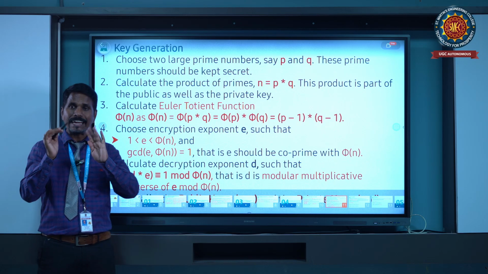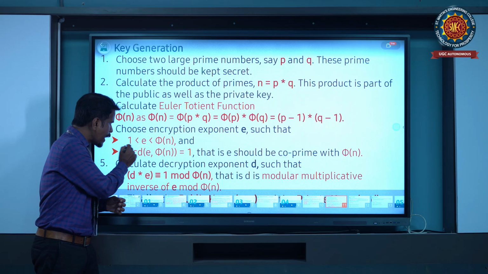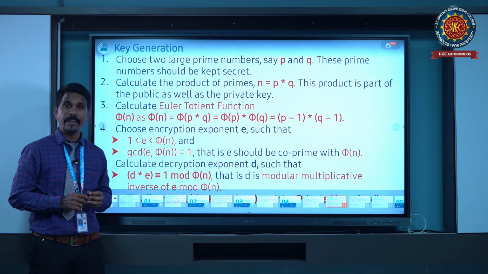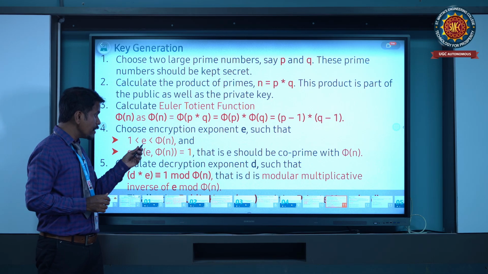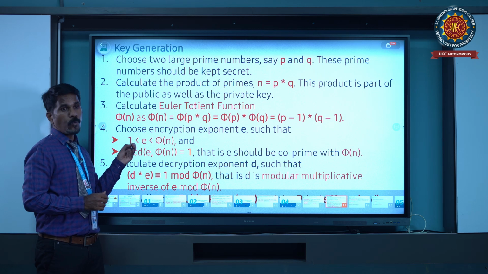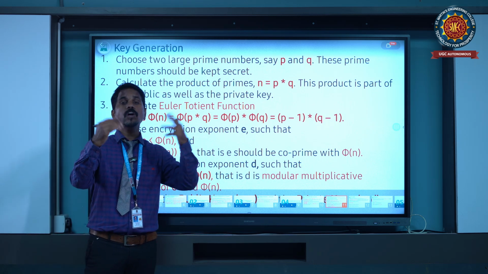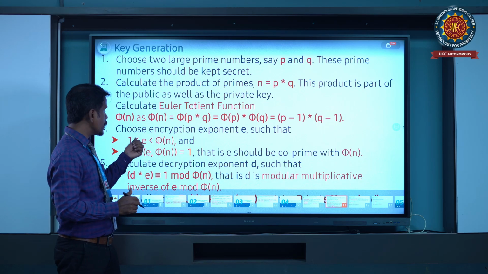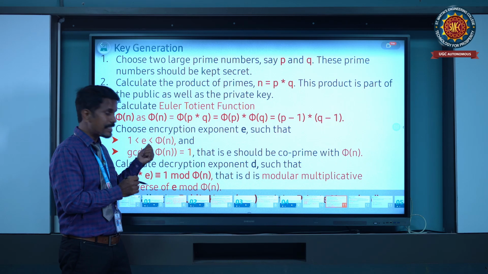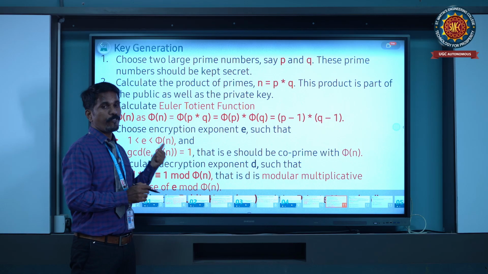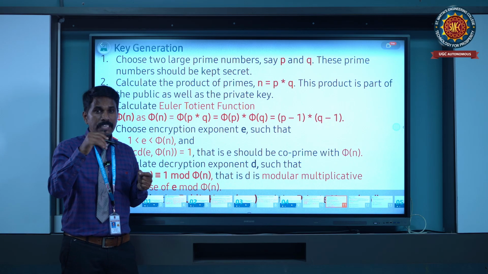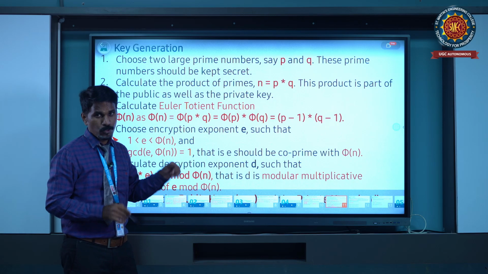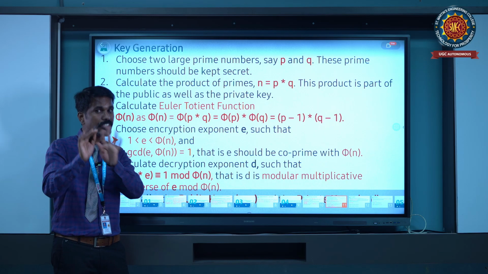I have given this equation because if the value is not in this range, we could not process it. That's why this equation is important: 1 less than E and E less than phi of n. So your E value should be less than phi of n and greater than 1. This is a procedure, and also a condition.